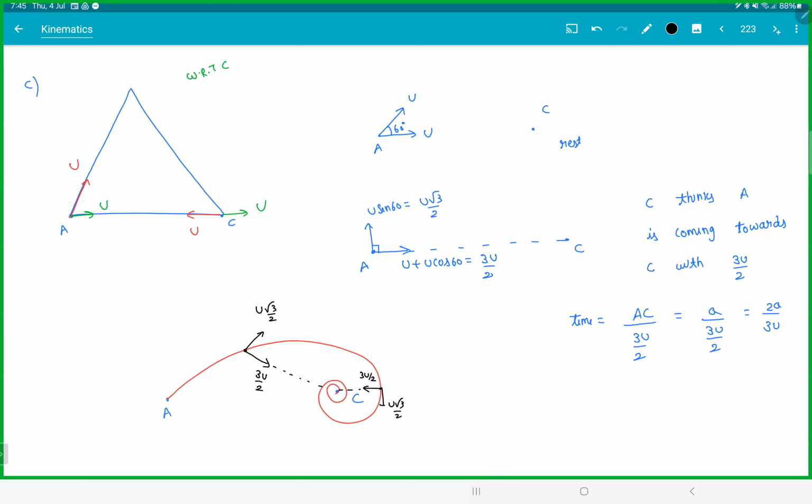This is the path of A as seen by C. That's an analysis with respect to the points. Clear with this?